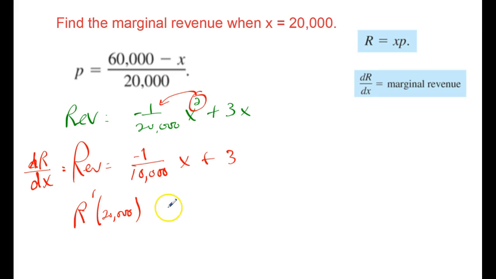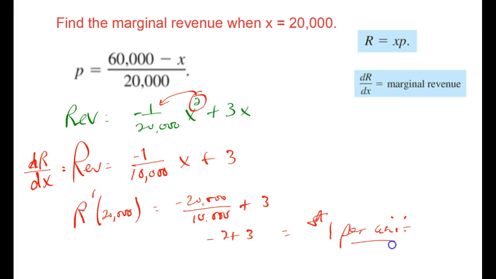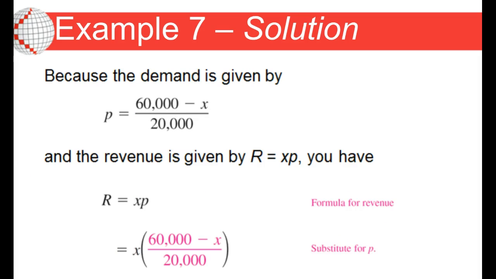I'll get negative 20,000 over 10,000 plus 3, which is negative 1 plus 3. Let me try that again. I think that's a negative 2 plus 3, which is $1 per every unit. So that's the increase in revenue. I'm going to increase my revenue by $1 for every unit.